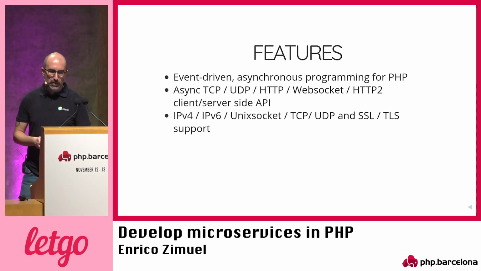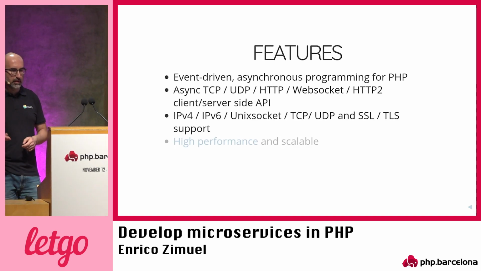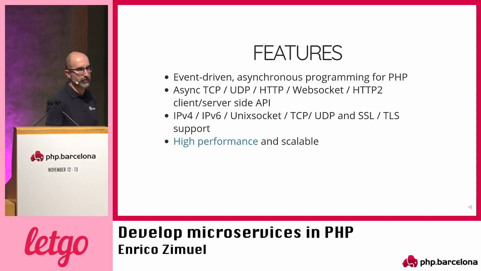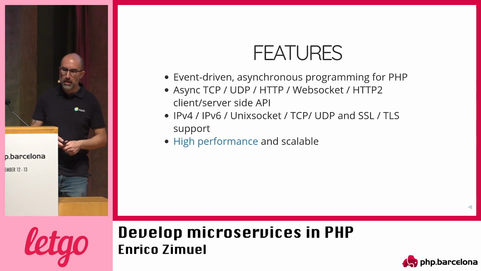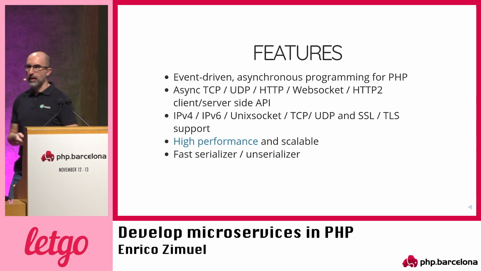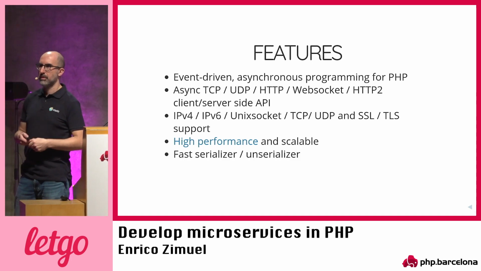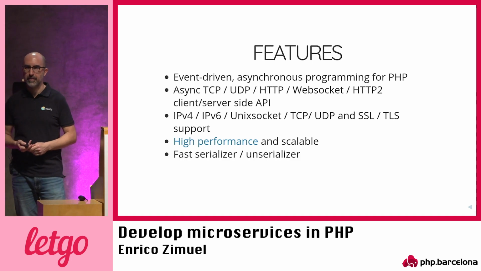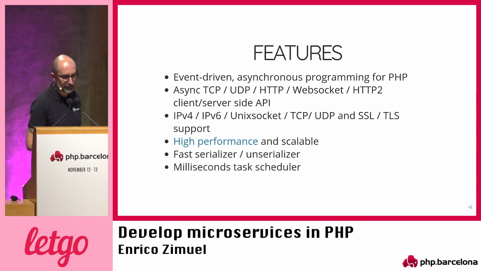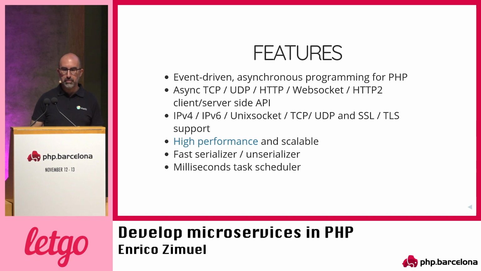It provides also the SSL layer. It's high performance and scalable. It's very high performance. I will show you some numbers. It also gives you fast serialization and unserialization, which is basically better than the actual implementation of PHP. I mean, it's fast. It also provides a millisecond task scheduler, which is very nice if you have a very high traffic website.